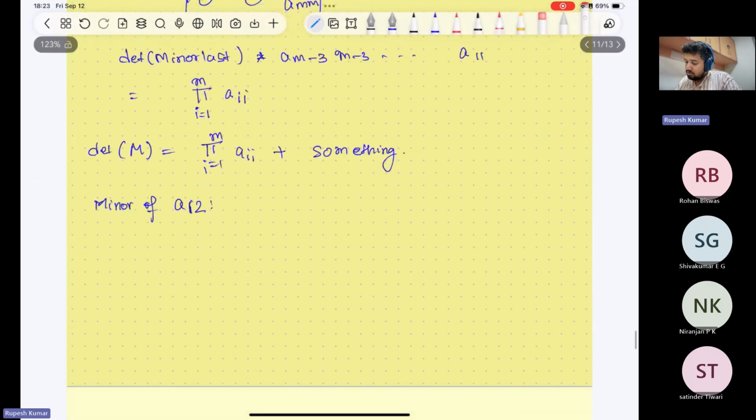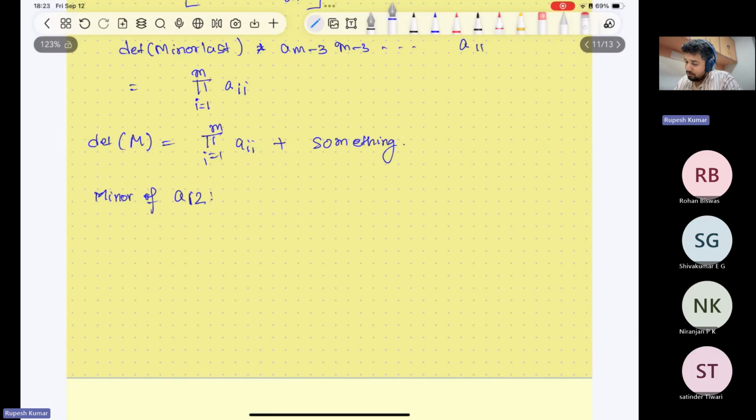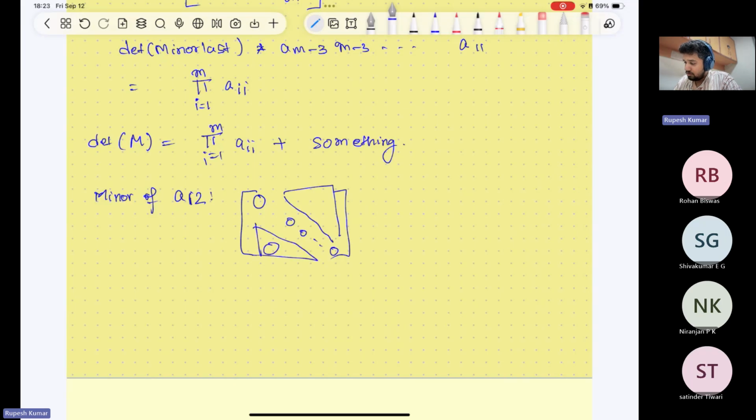So the minor of A12 will look like a matrix with zeros across the diagonal and some non-zero entries on the upper side, right? This is the minor of A12 that you can see just by removing the rows and columns.